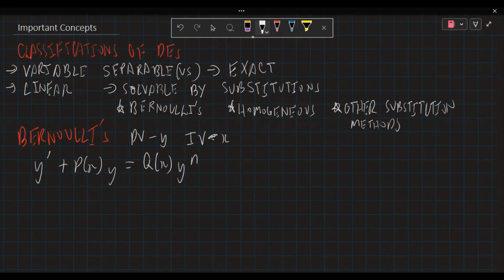So in Bernoulli's case, we have this DV term that is to the power of any number. So what we do now, once you manipulate the DE into this type of structure, we have to divide the whole thing by y to the power of n.